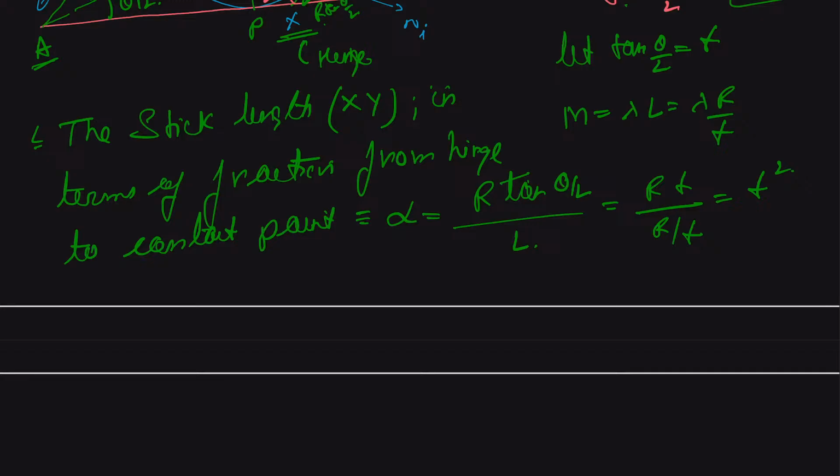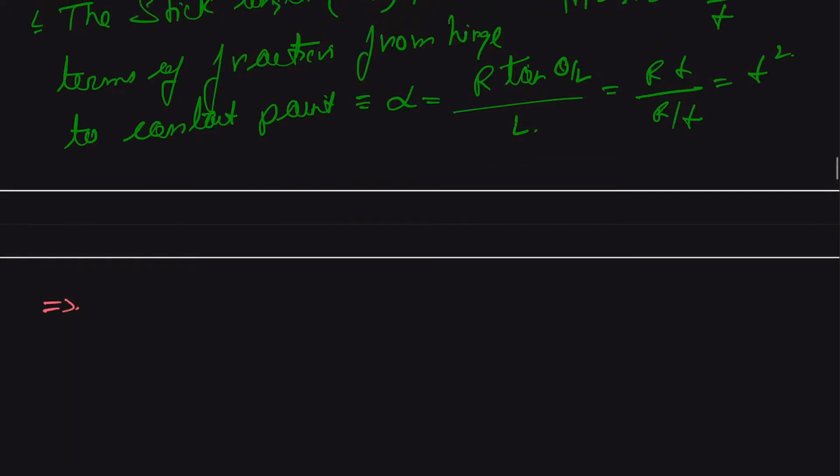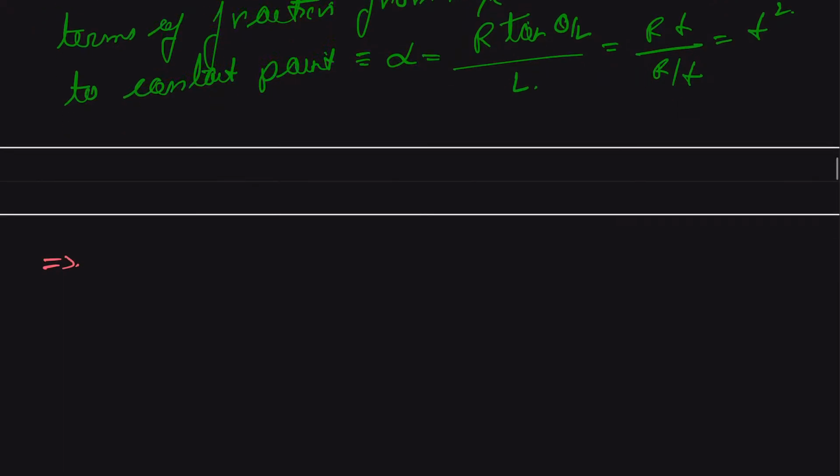And therefore we can say, let me draw the figure and then we can sort it out further. So we are going to draw our XY on a larger scale.